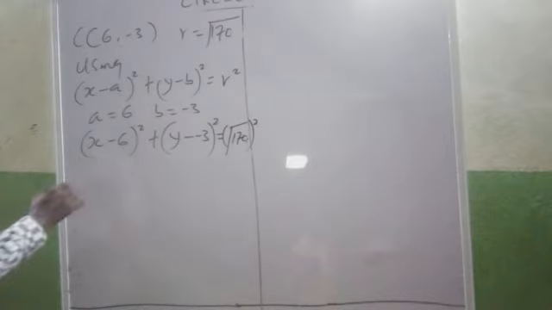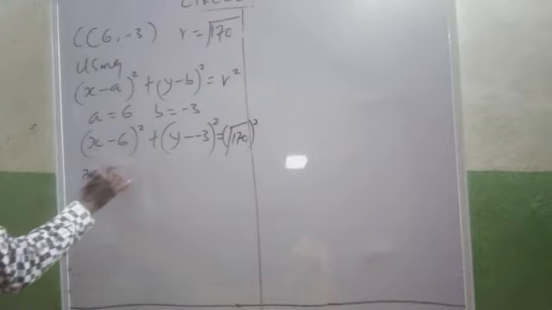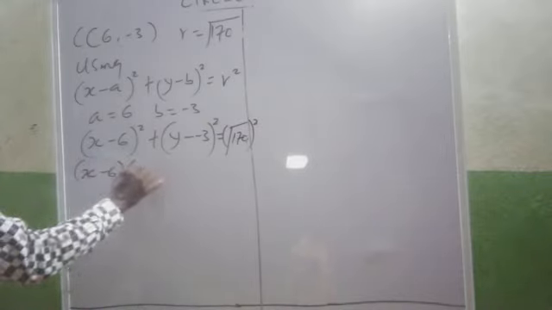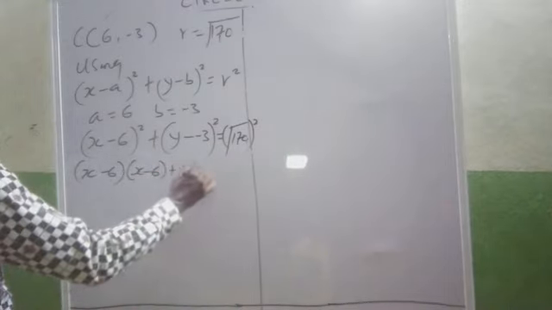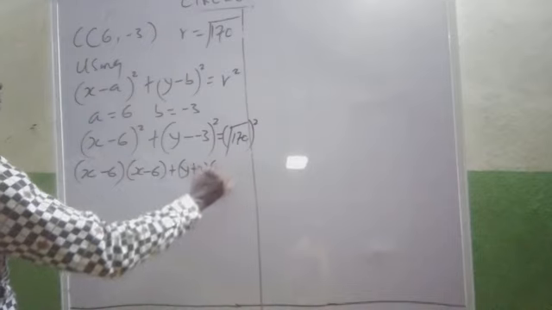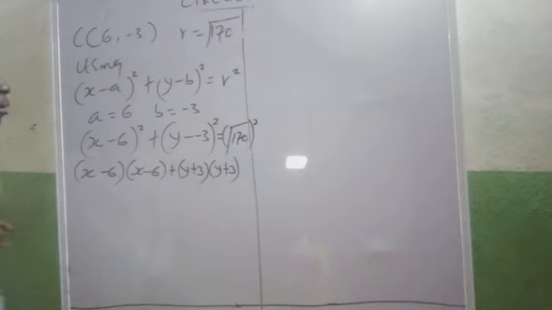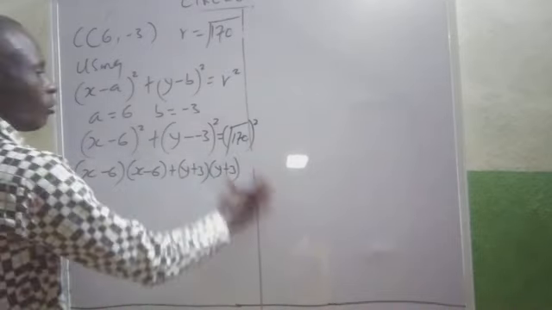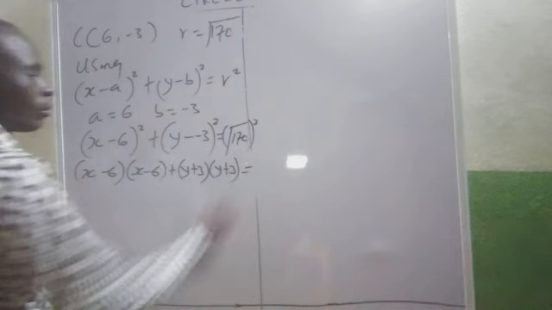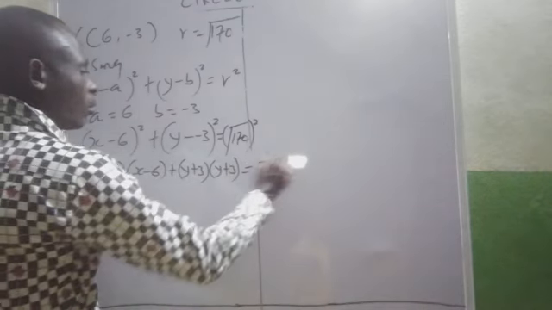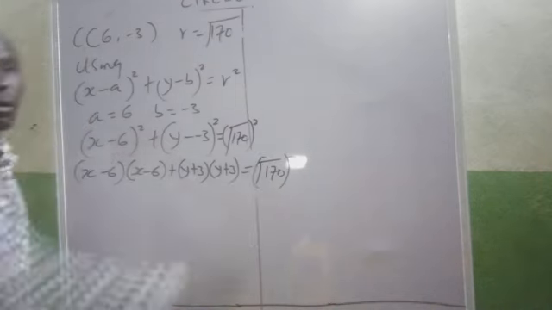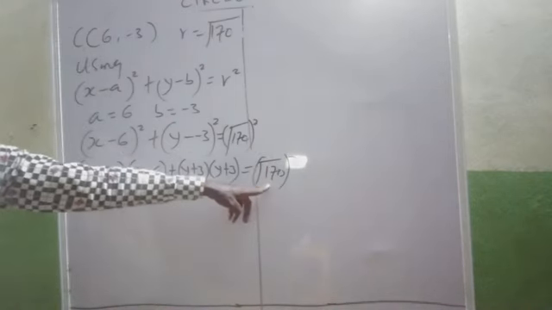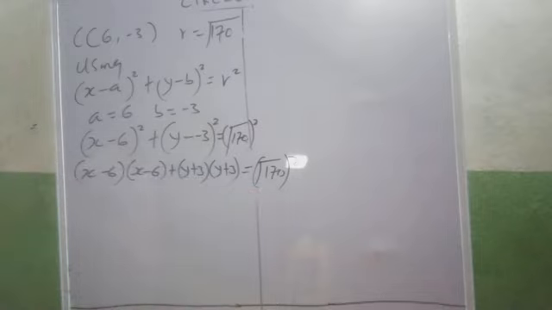If you open this, you have (s minus 6)(s minus 6) plus (y plus 3)(y plus 3), and that will be equal to the square root of 170 squared, which will give you 170.